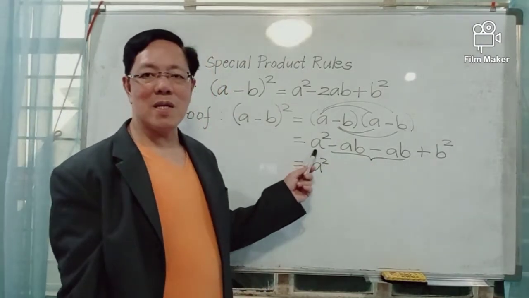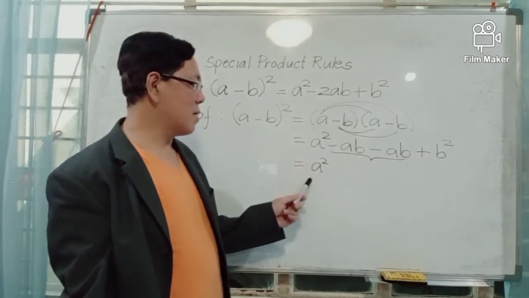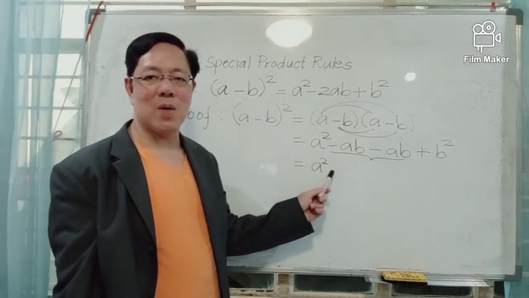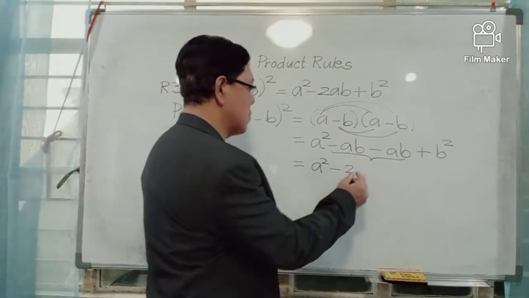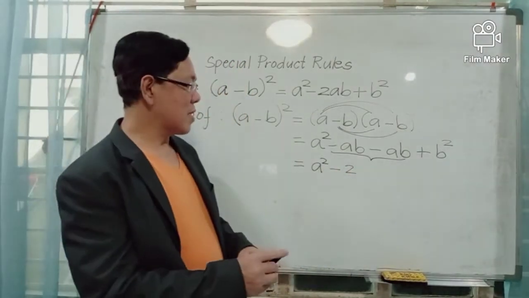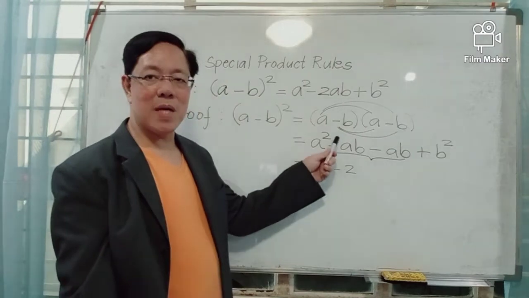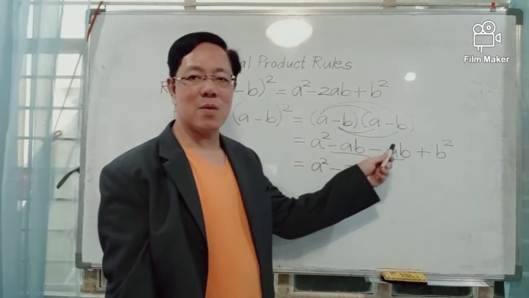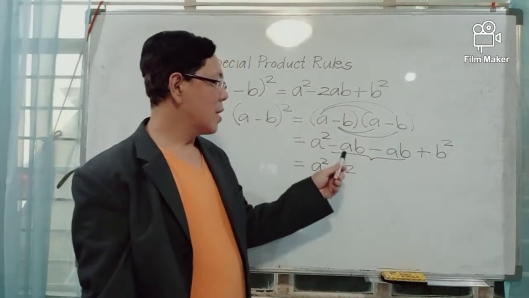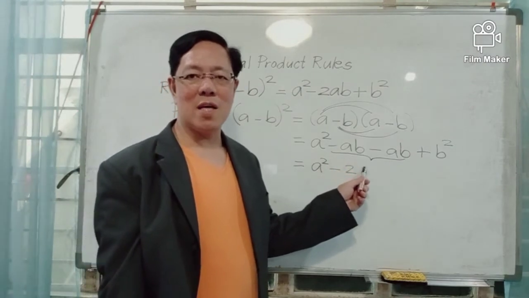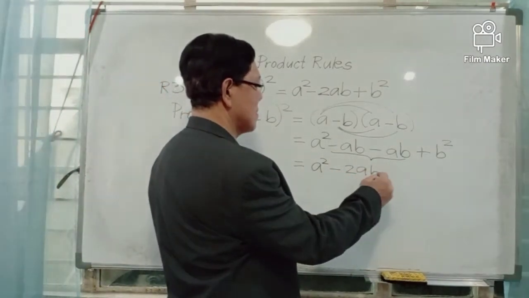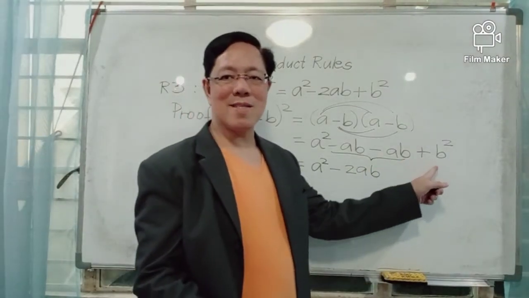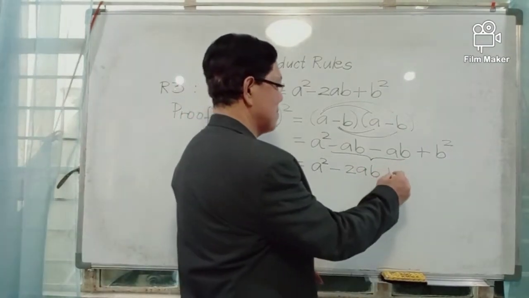The first term is as is, the square of A. First term is A squared. And the second term is negative 2. Negative 2 is from the sum of negative 1 plus negative 1 is negative 2. And the common literal coefficient is AB, the product AB. And the last term is the square of B.